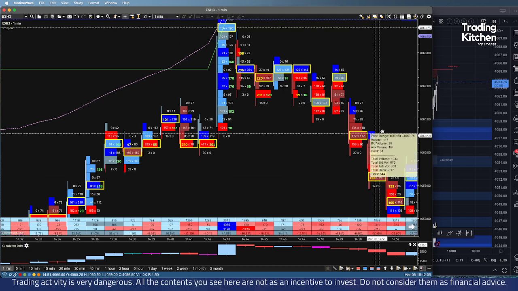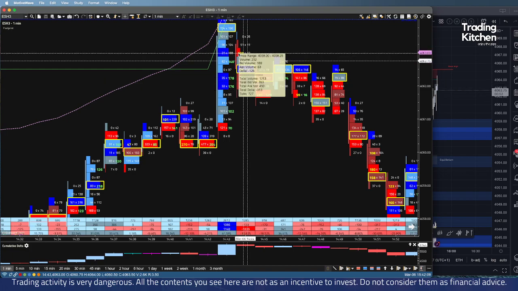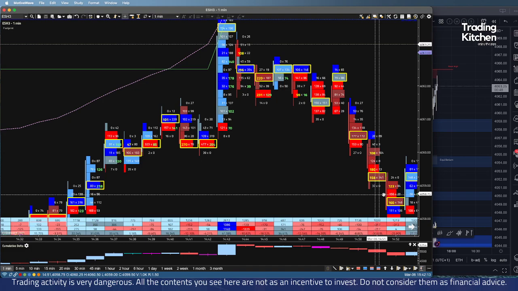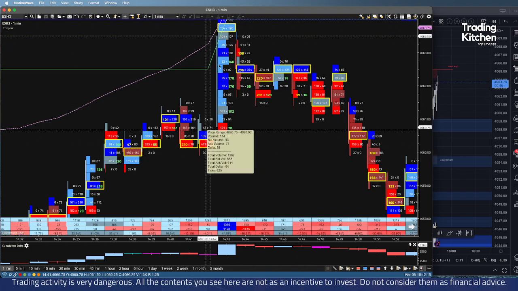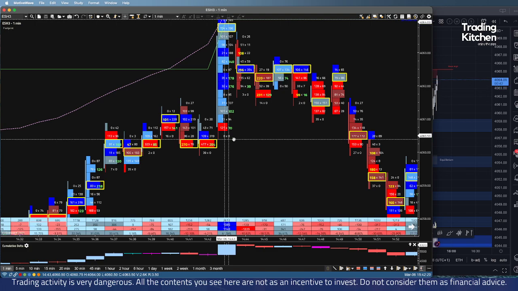It doesn't mean that price is now moving down, but it means that sellers are taking control of the market, and this was a clear absorption.